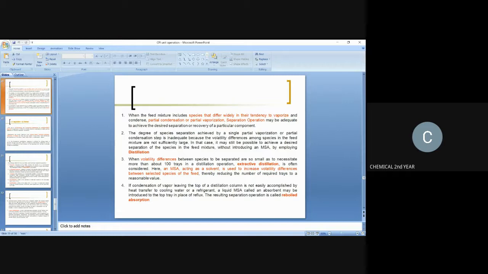The degree of species separation achieved by a single partial vaporization or partial condensation is inadequate when the volatility differences among the species in the fluid mixture are not sufficiently large. In that case, it may still be possible to achieve a desired separation of the species in the fluid mixture without introducing an ESA by employing distillation.